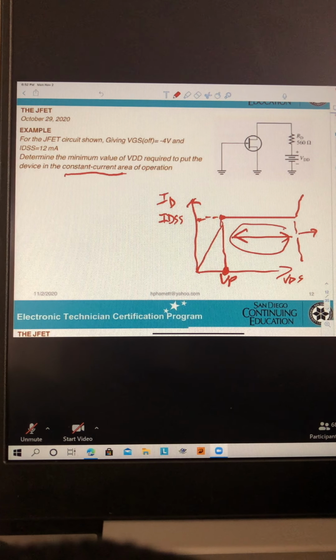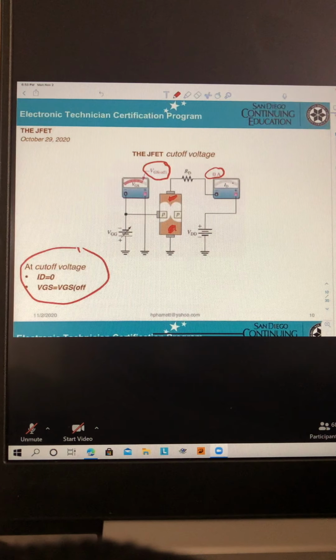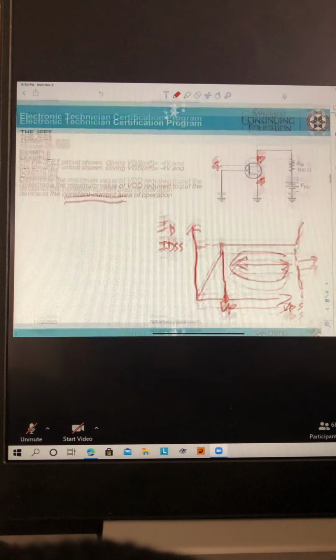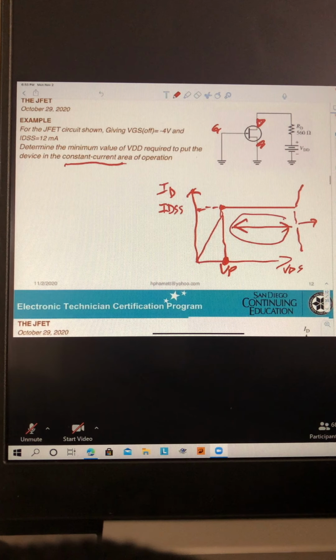So you can see you get D right here, and the source right here. Okay? So VDD will be the voltage drop across RD and across DS.